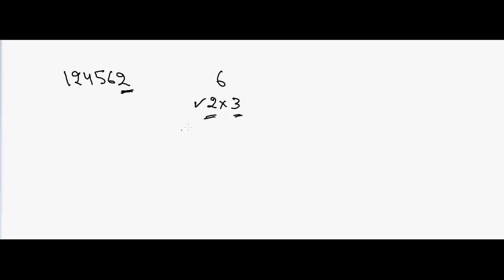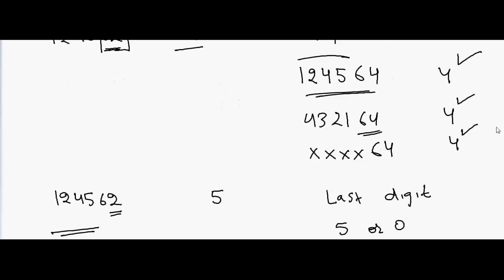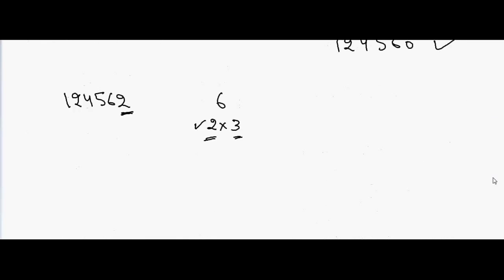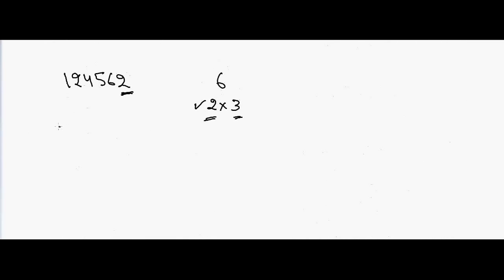So this is okay. But we did the test before and found that the sum was 20. So 1 plus 2 plus 4 plus 5 plus 6 plus 2 was 20, and 20 is not divisible by 3. So this number should not be evenly divided by 6.